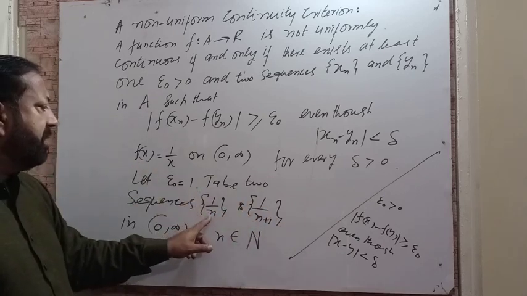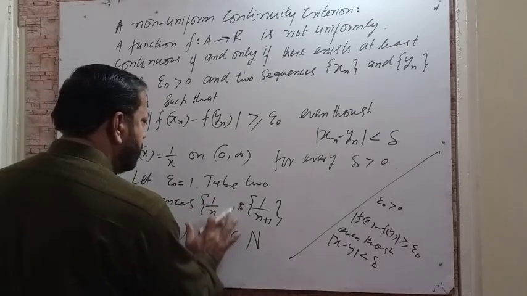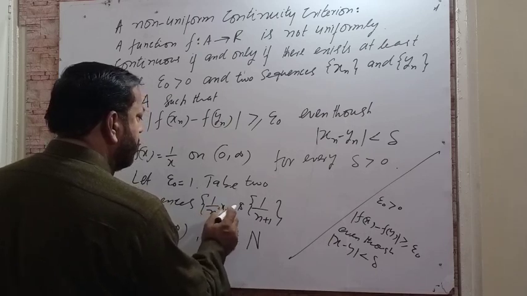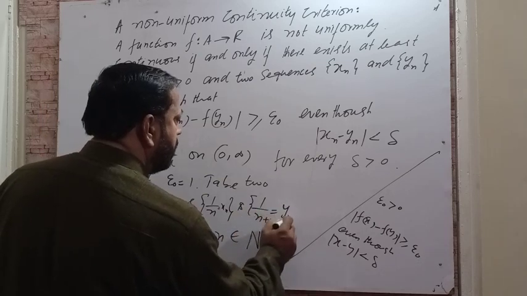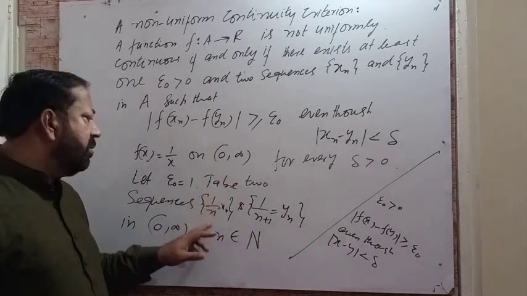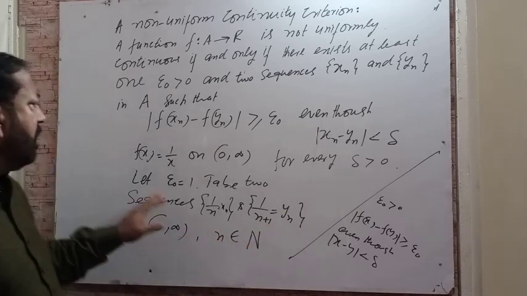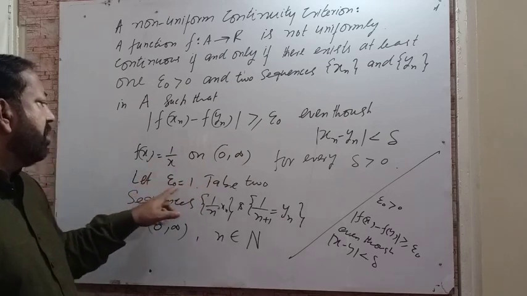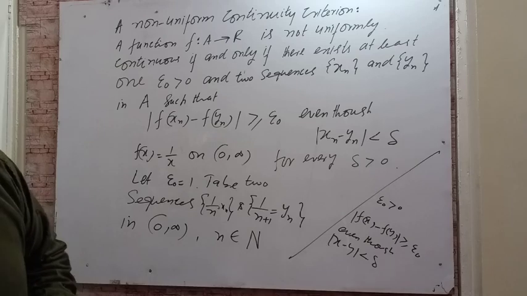Say x_n equals 1 over n and y_n equals 1 over n plus 1. I have to show that |f(x_n) minus f(y_n)| is greater than or equal to epsilon naught, where I have chosen epsilon naught equal to 1. So let's see.